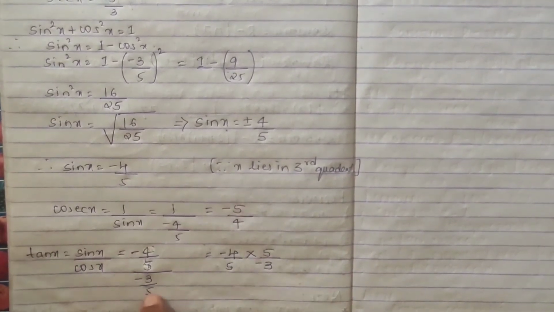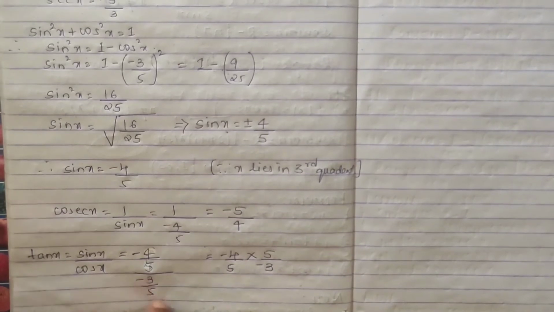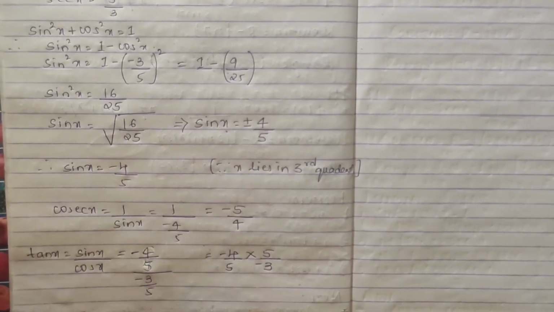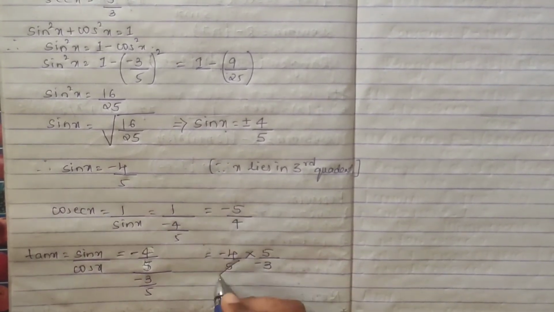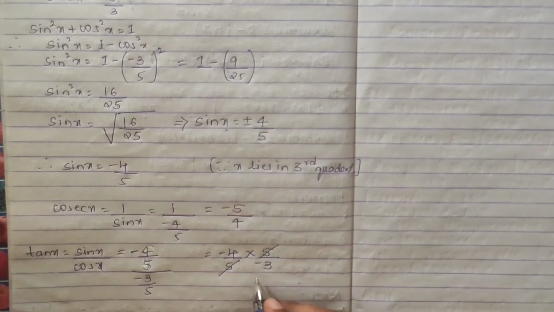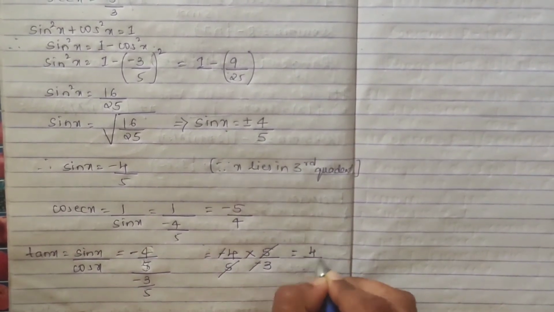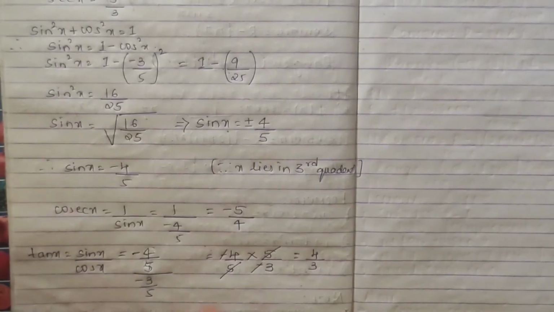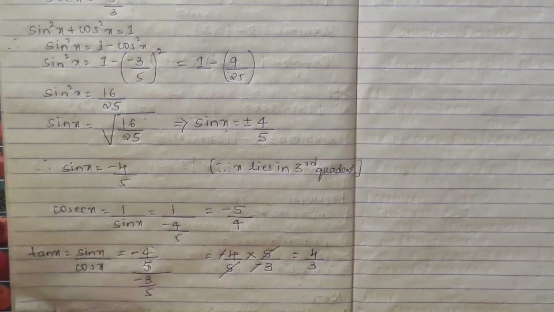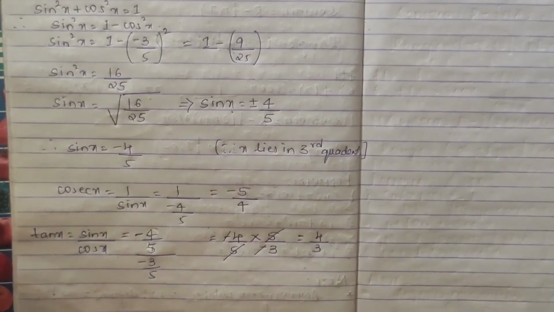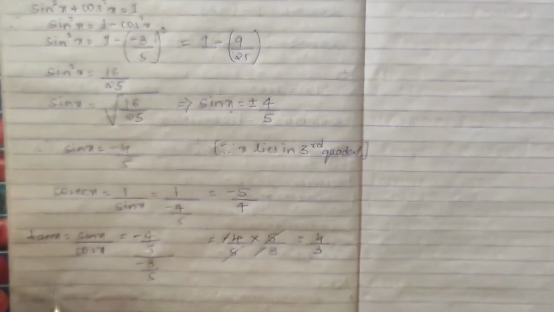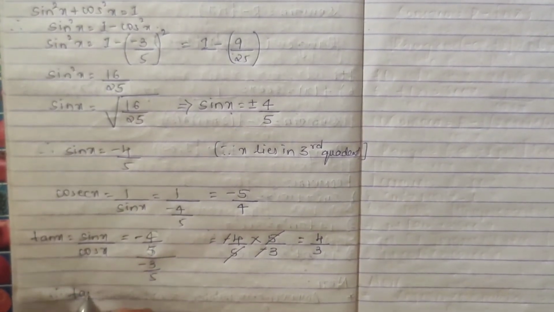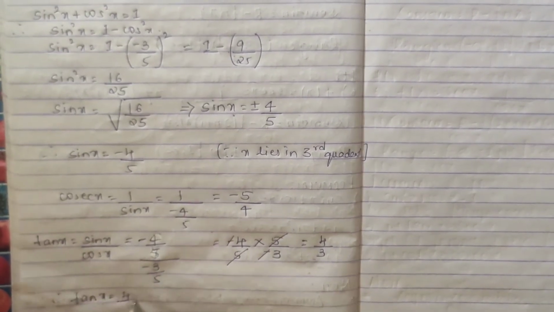The 5s cancel, the minus signs cancel, and at last you get 4 by 3. See, you got positive only, as you know already, in the third quadrant tan is positive. Therefore tan x is equal to 4 by 3.